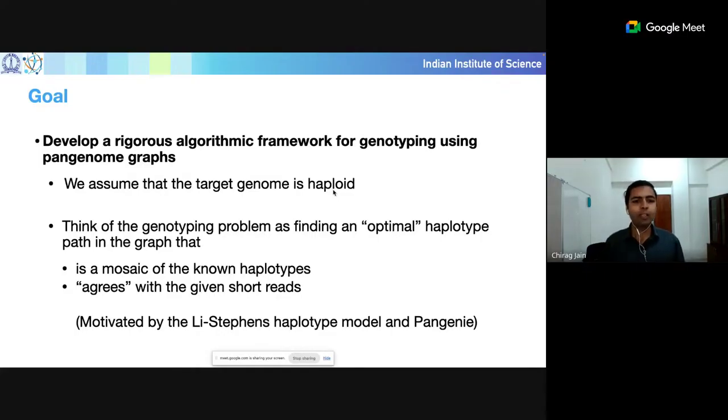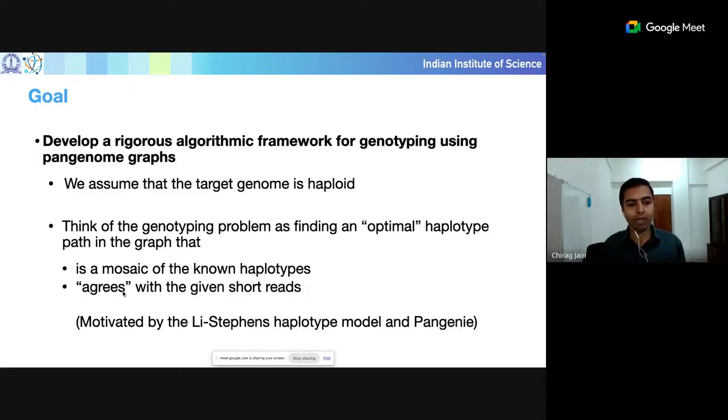Now we can think of this genotyping problem as finding an optimal haplotype path in the graph. That is, a mosaic of the known haplotypes in the graph that agrees with the given short reads. We will have short read sequence from the target genome, and we would want this optimal haplotype path to agree with the short reads.